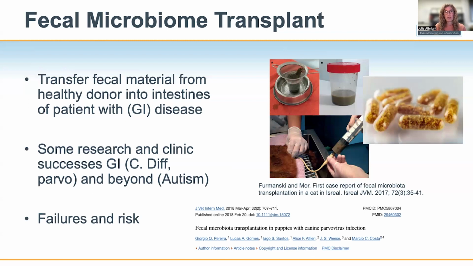So there are many successes. However, we have to be super careful, because this is not risk-free. In fact, there are reports of human recipients becoming extremely ill and even dying after these FMTs. The thought is that an unknown antibiotic-resistant microbe was transplanted into this immune-compromised person.